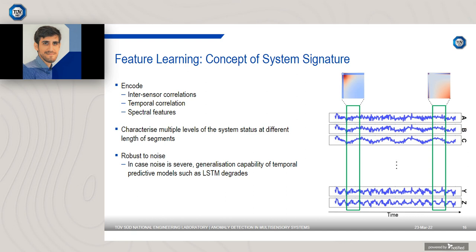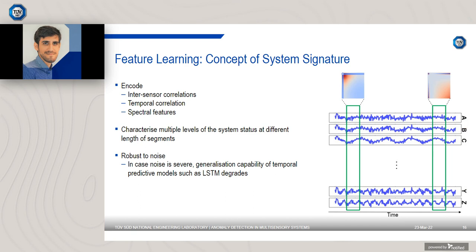Before going into some examples about feature extraction, I'd like to talk about the concept of system signature, and what it means to have a system signature in the context of a multi-sensor system. Signatures help us to characterize multiple levels of system status in different time steps.